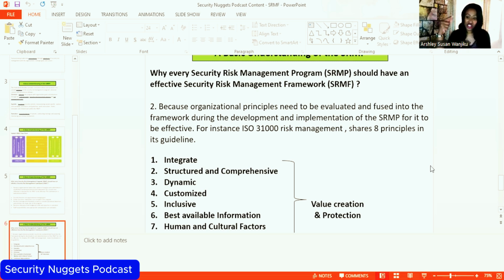Maybe the organization changes its operations and starts doing something else, or operates in a different additional region. You know, organizations change for one reason or another. As the organization changes, the security risk management program for that organization needs to be dynamic and change as well. Okay? As threats evolve again, the security risk management program needs to adapt and evolve as well.